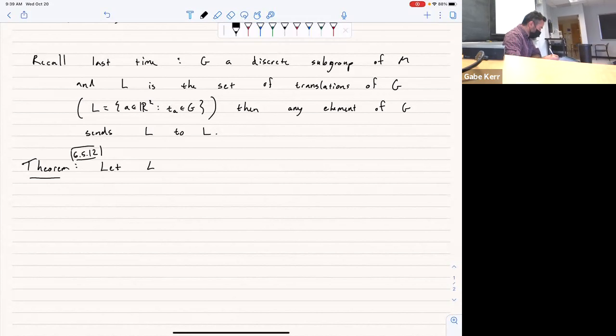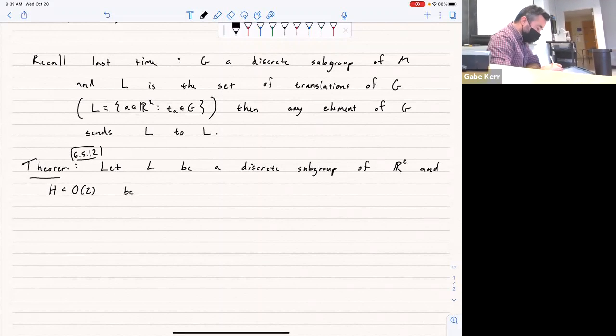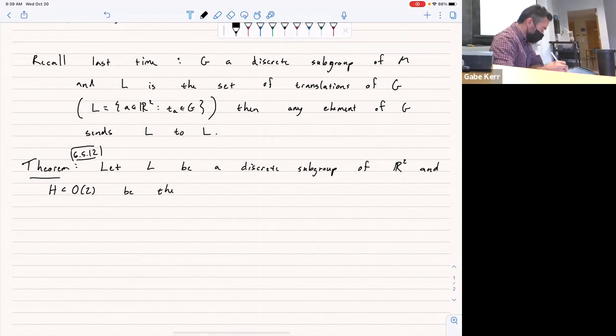Let L be a discrete subgroup of R2, and H a subgroup of symmetries of L.